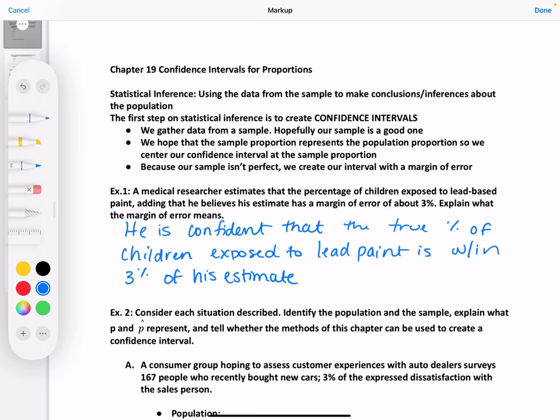So that's what the margin of error means, is that whatever the percent is, he thinks that is within like 3% of whatever that estimate comes out to be.